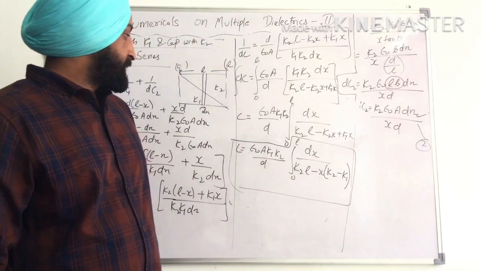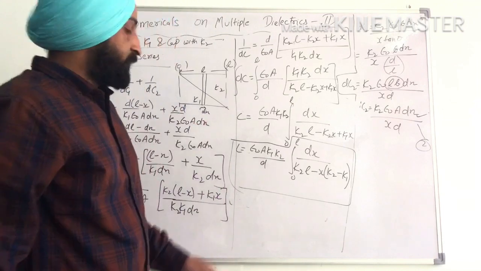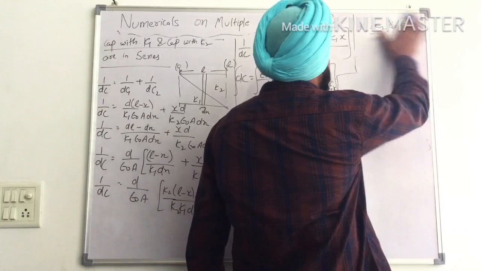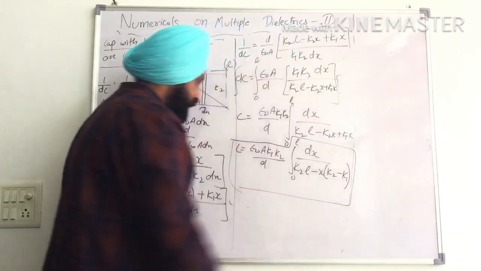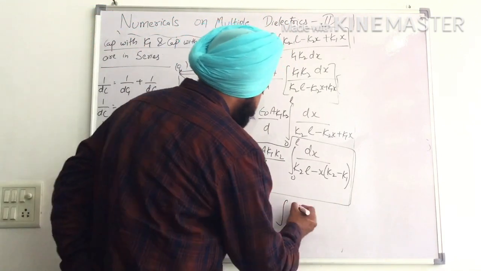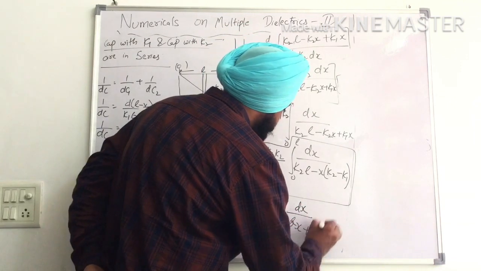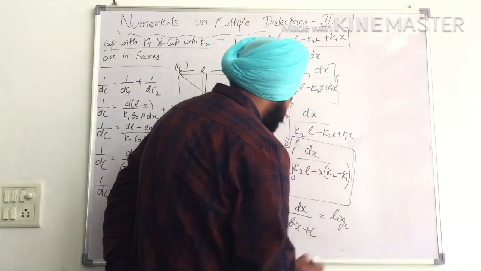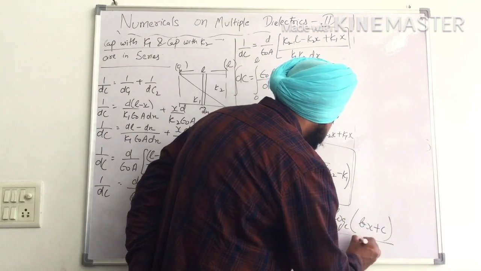Now to integrate this, we will be using a formula of integration. Now this formula which I will be using, you might have done it in mathematics. So the formula is integration of dx over bx plus c is equal to natural log of bx plus c divided by b.